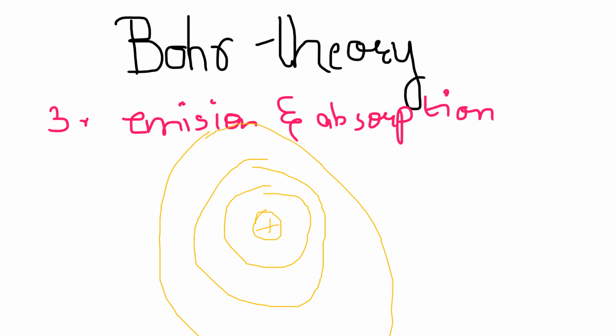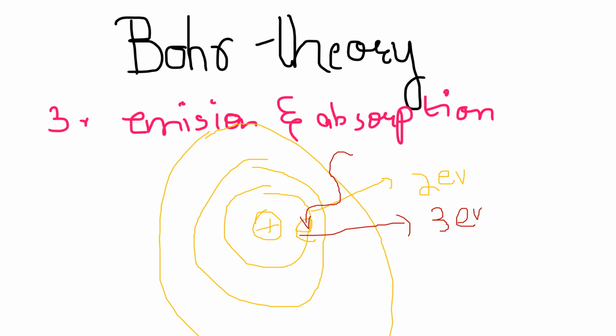According to Bohr theory, if an electron is in the first shell, just assume that in the first shell an electron has an energy of 2 electron volts. Now, if this electron absorbs an incoming photon, and the energy of this electron comes up to 3 electron volts, what will happen?